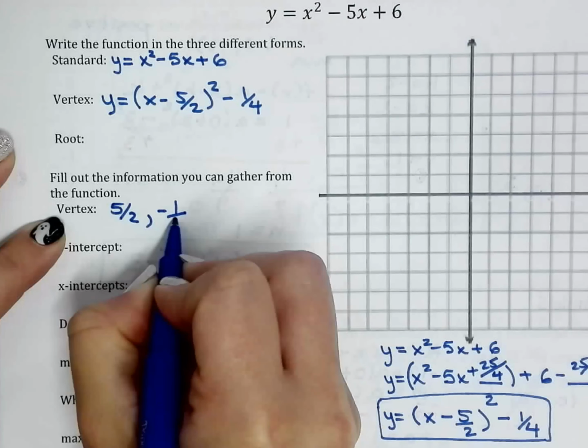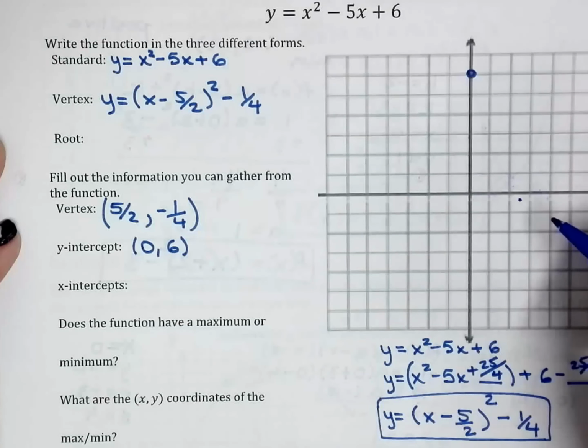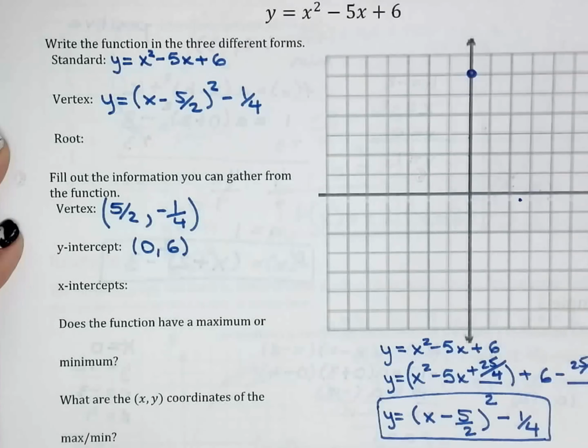Close enough right there. Now, from the standard form, I know the y-intercept is right there at 6. So y-intercept right there at 6. 1, 2, 3, 4, 5, 6. Since I know the vertex, I know the axis of symmetry, but it's all the way down the bottom. I'm going to take care of that later.